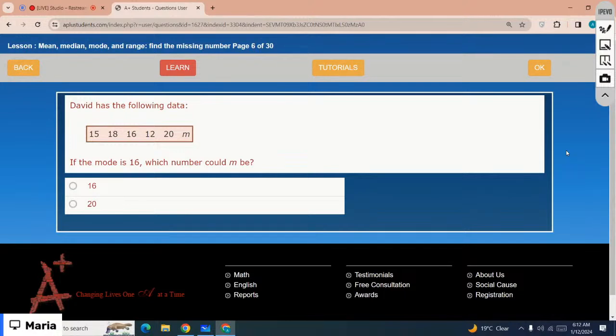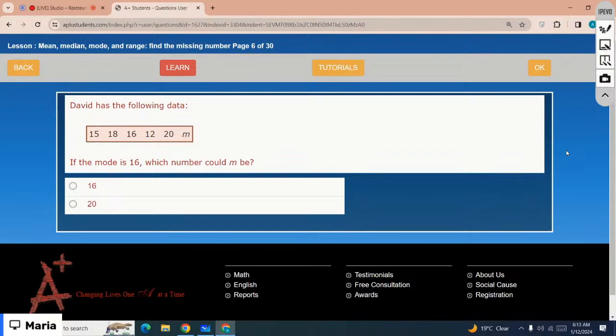Which is the correct option? Because the mode is 16, right? So mode is the number that appears the most in the given data, right? So if the mode is 16, 16 has to appear more than once in the given data, right?